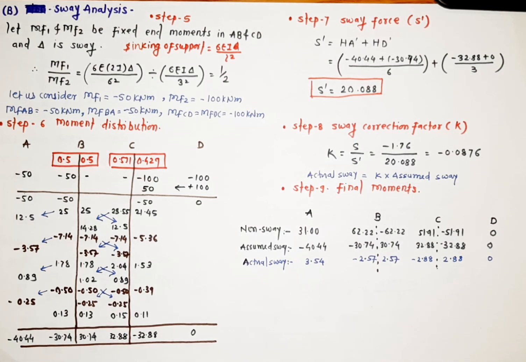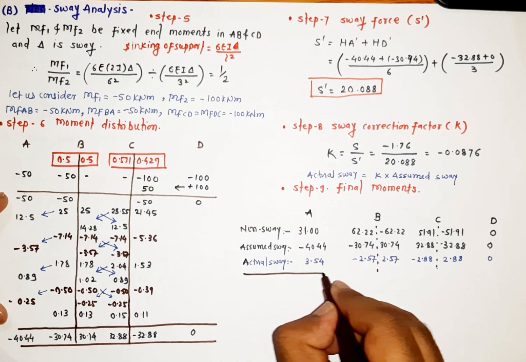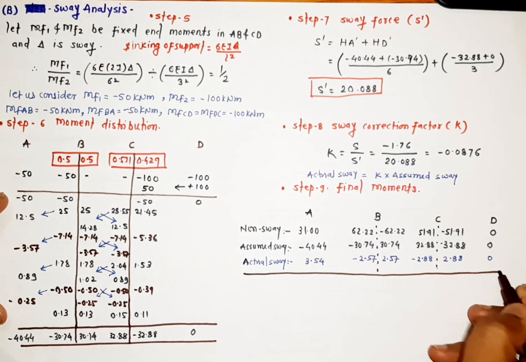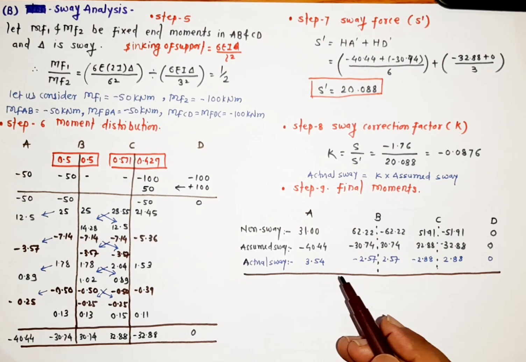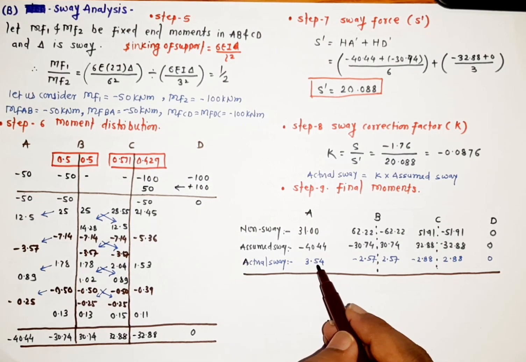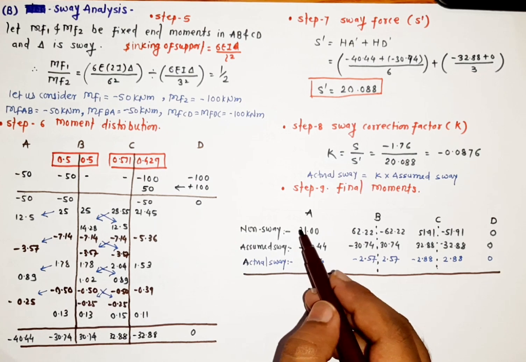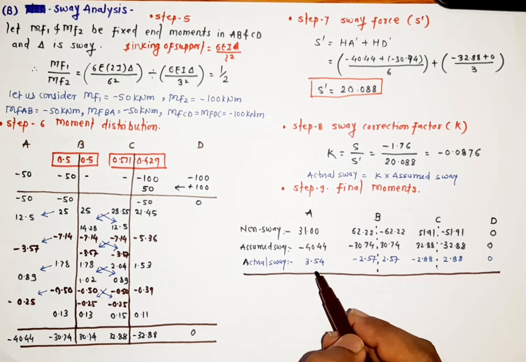Now the last step is nothing but we have to add all these moments so that we will get the final moments, that is the addition of non-sway plus actual sway.